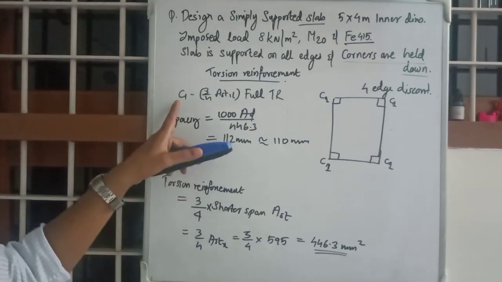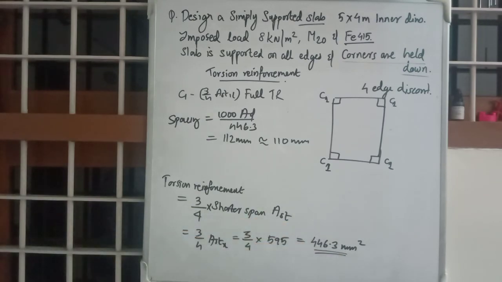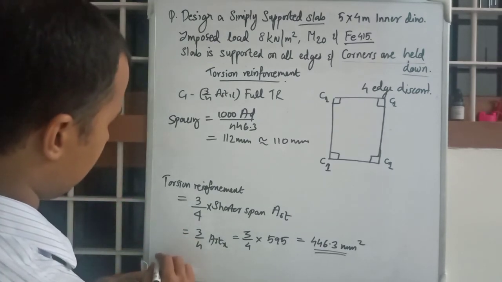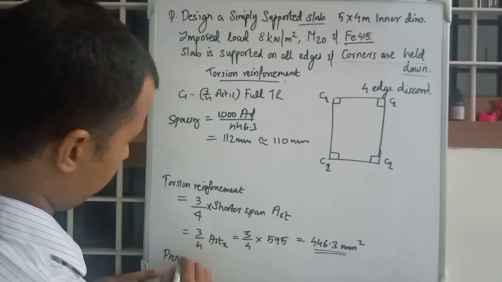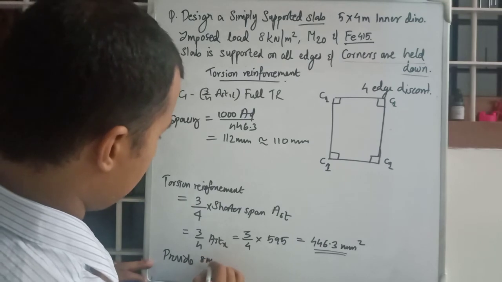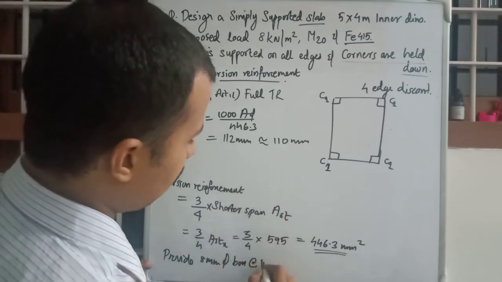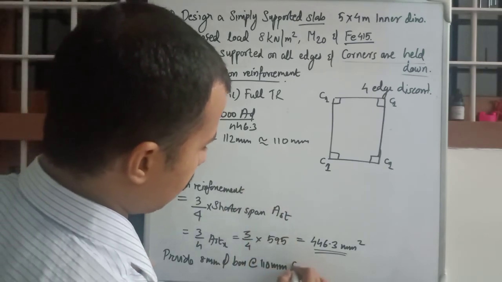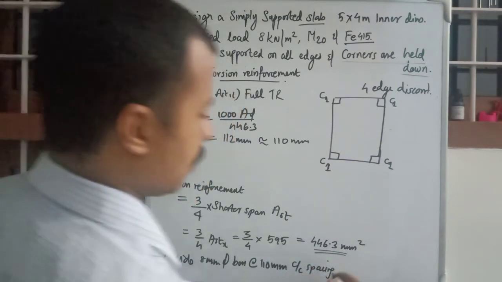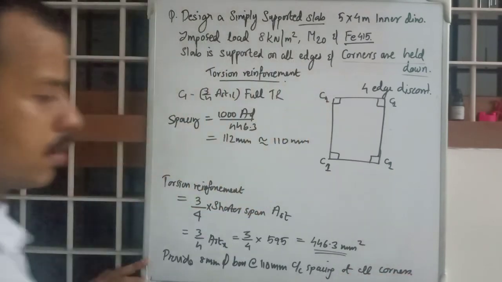So as this is the reinforcement for torsion, in our question we will provide 8 mm dia bars at 110 mm center to center spacing at all corners.